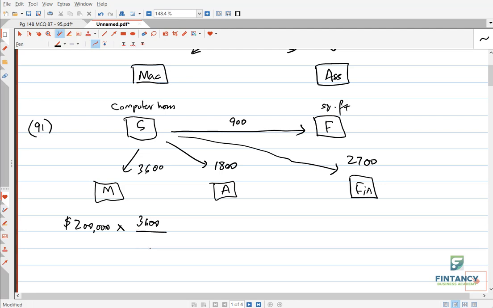This is the answer they are looking for. Shall I add only these three, or shall I include 900 also?